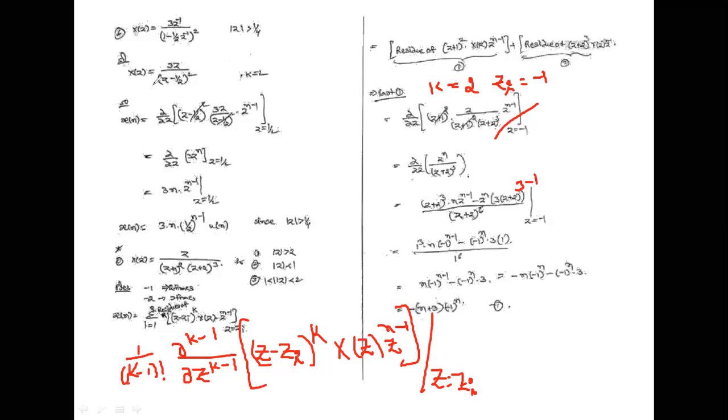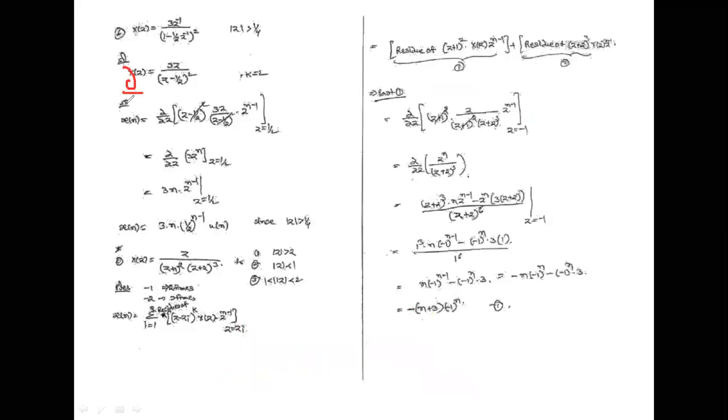Got it? So I am taking del by del z of z power n divided by z plus 2 whole cube.